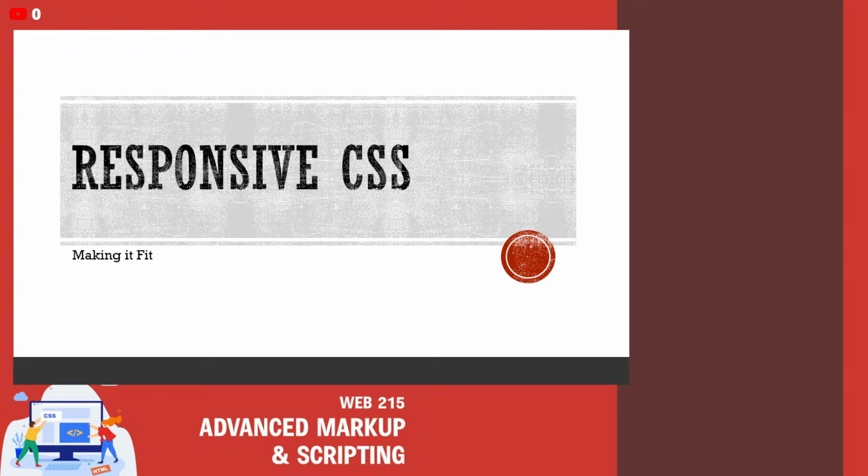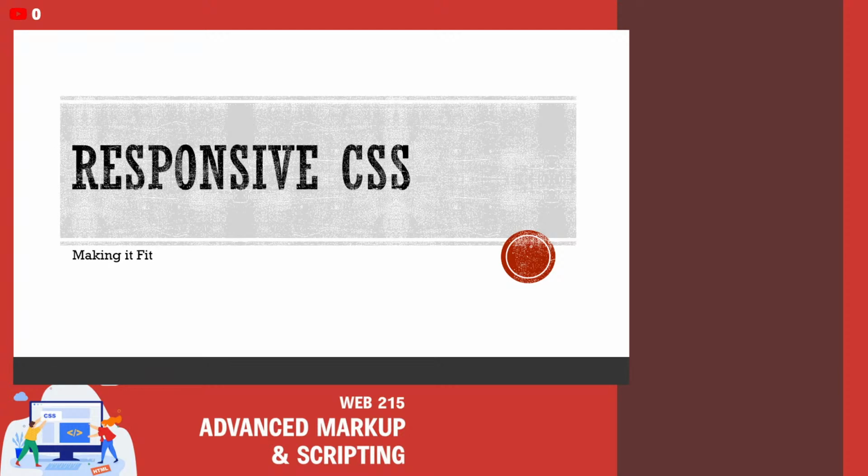Last week I said we're going to try to maintain sort of the things that we learned in Web 115. And in there, we just used static values for everything. Everything was a static value of pixels. And if it was too big or in the wrong spot, we had to go into the code and manipulate the code and get it to move around.